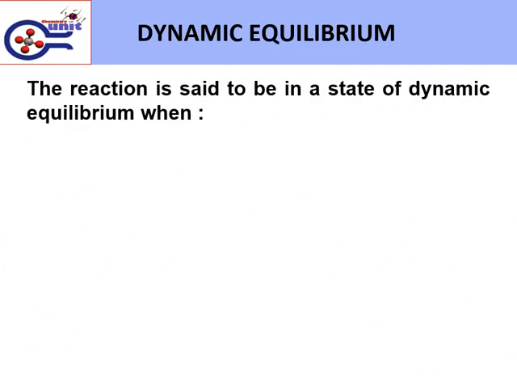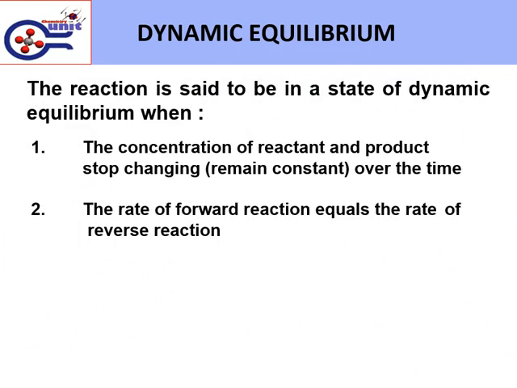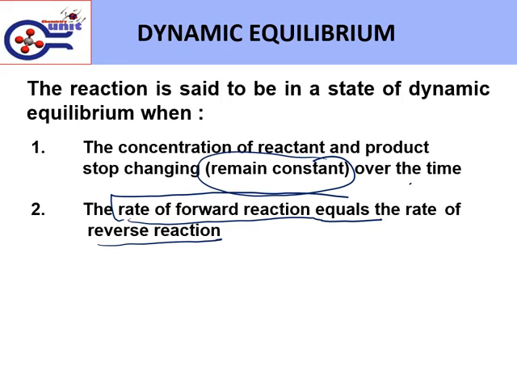So what is meant by the dynamic equilibrium? The reaction is said to be in a state of dynamic equilibrium when, the first one, the concentration of reactant and product stop changing, which is remain constant. The concentration dia tidak berubah over the time. Why? Because the rate for the forward reaction is equal to the rate for the reverse reaction. Ni maksudnya rate forward reaction, ni maksudnya rate for the formation of the product, is equal to the rate for the reverse.